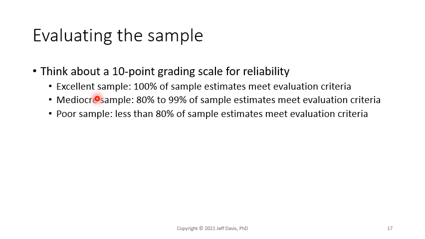The sample starts falling into the mediocre range as soon as it hits anything less than 100%. You might think, well, that's kind of harsh. If it drops just 1 point to 99%, it's now a mediocre sample.